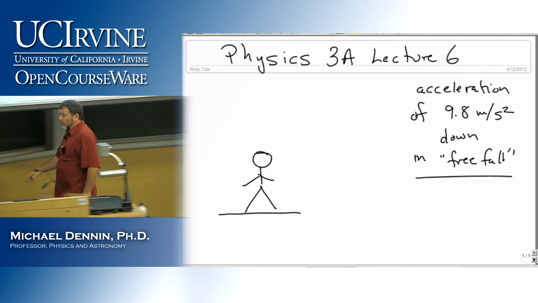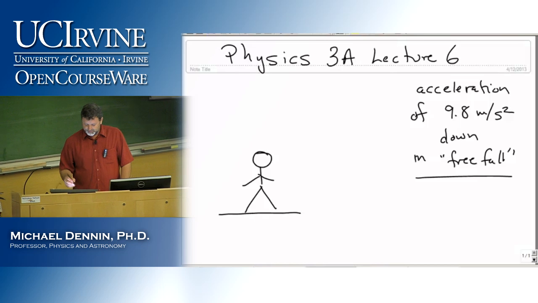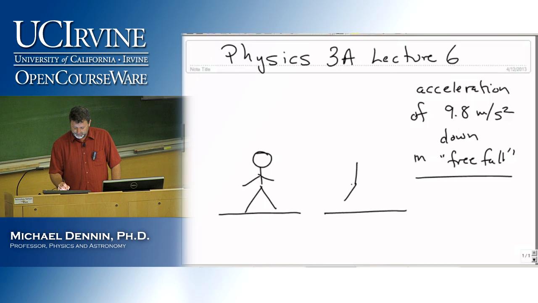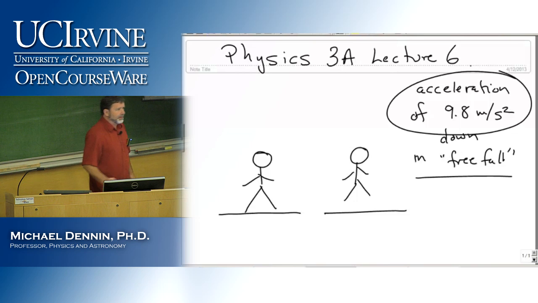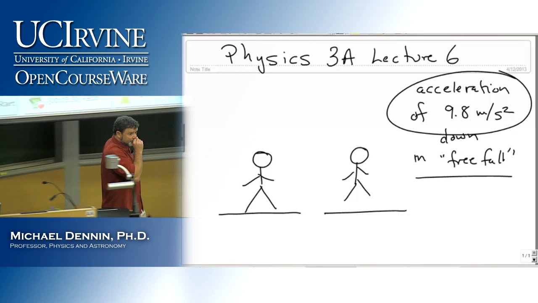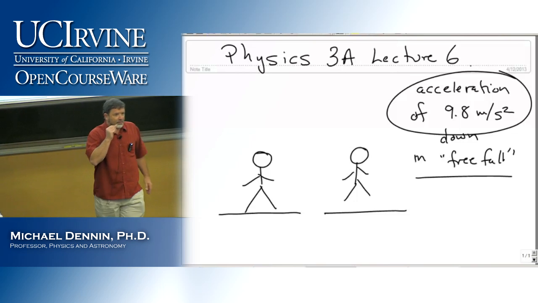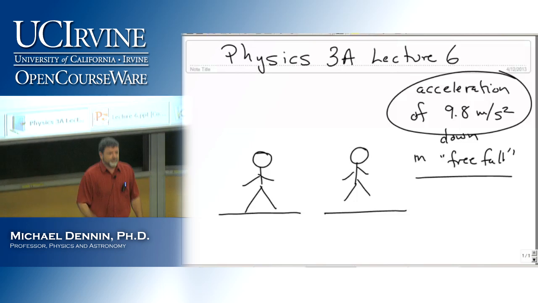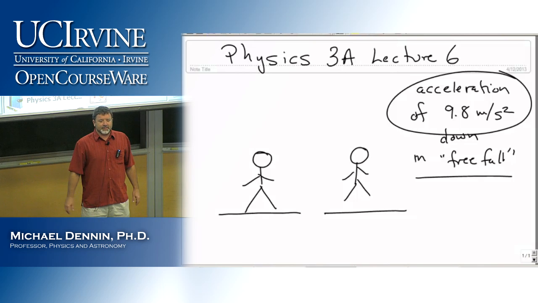For this person, when I jump, when do I have an acceleration of 9.8 meters per second squared? Right? So if I'm going to jump, at what point do I get an acceleration of 9.8 meters per second squared down?